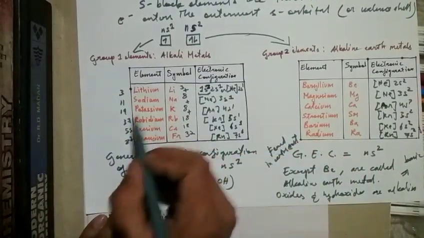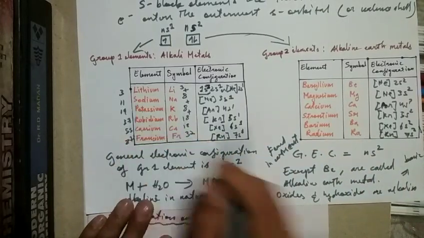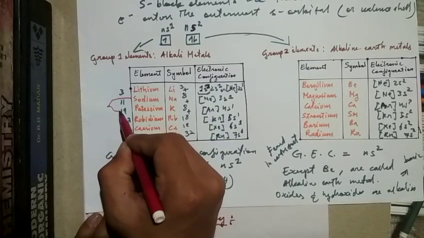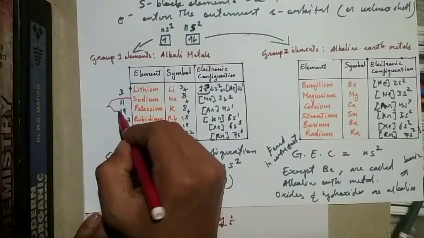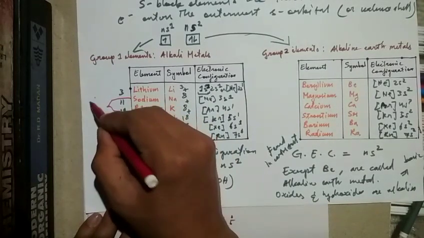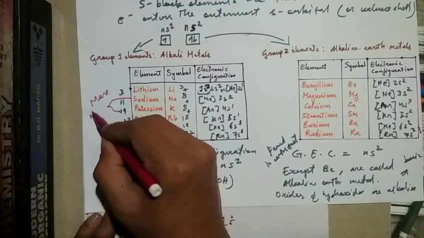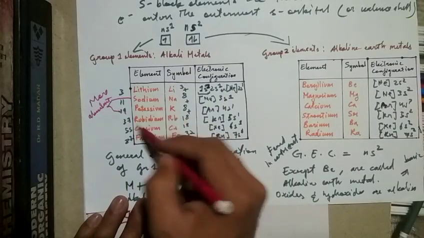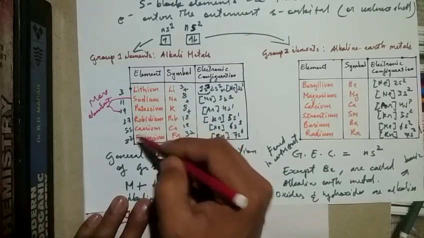Now sodium and potassium are more abundant than the other elements in their respective group.